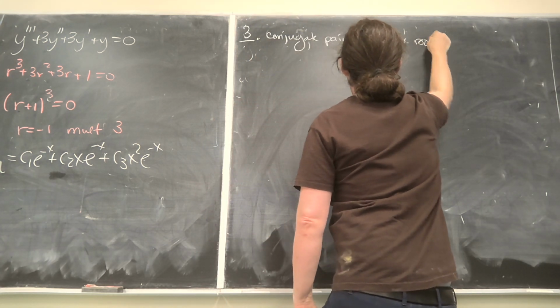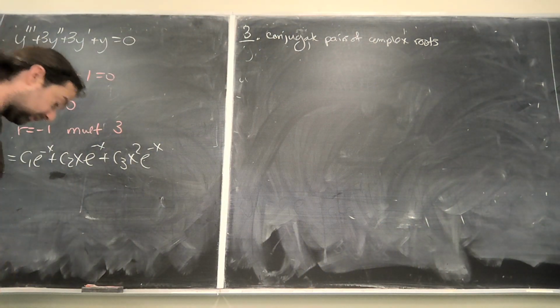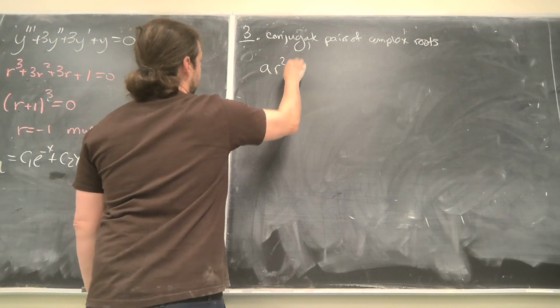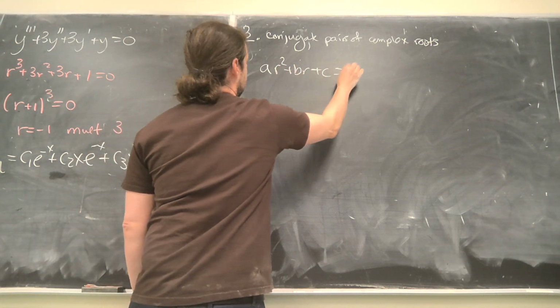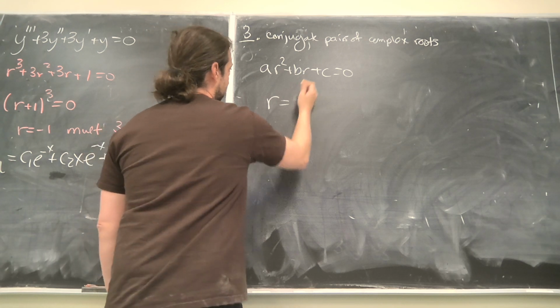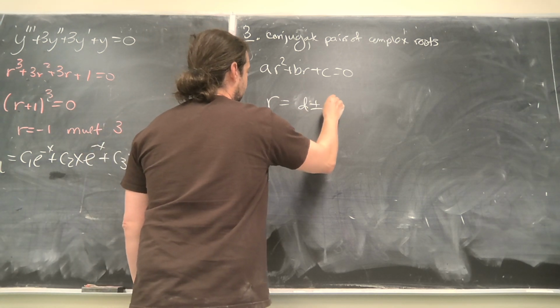What I mean by conjugate pairs is they will always come together. There will always be two of them in a matched set. That's where you have ar squared plus br plus c is equal to 0 boiling down to roots that look like r equal to, say, d plus or minus i times e.